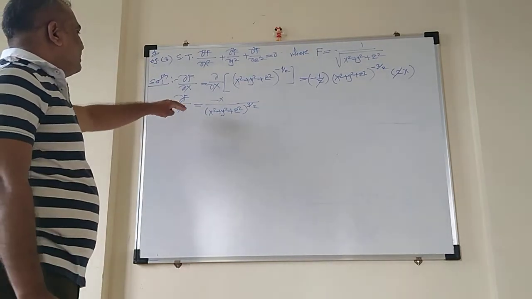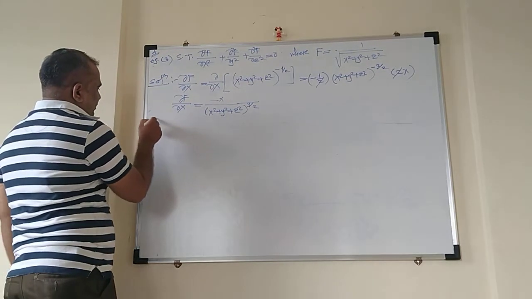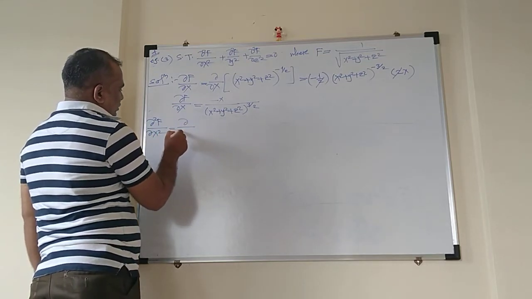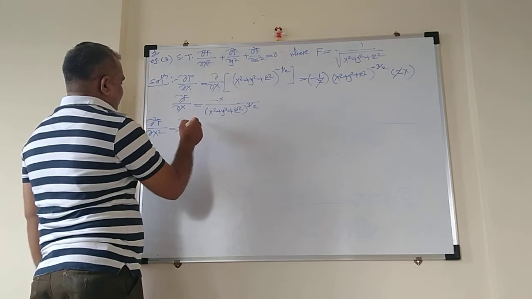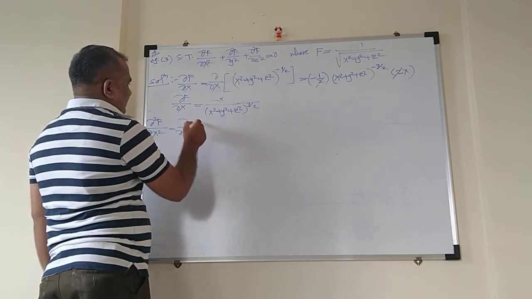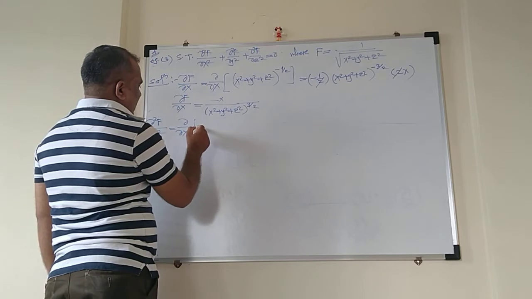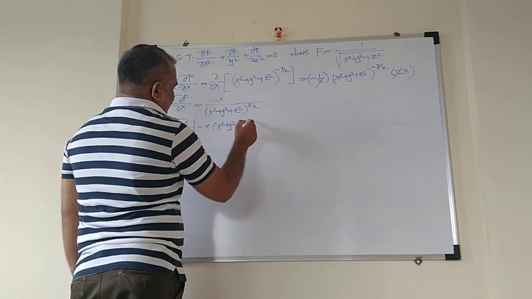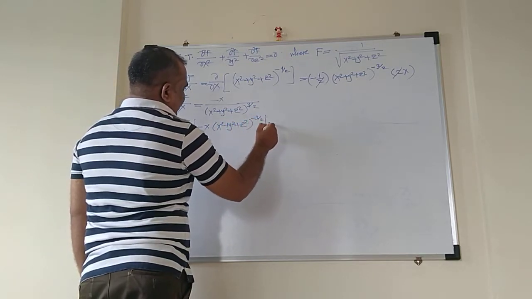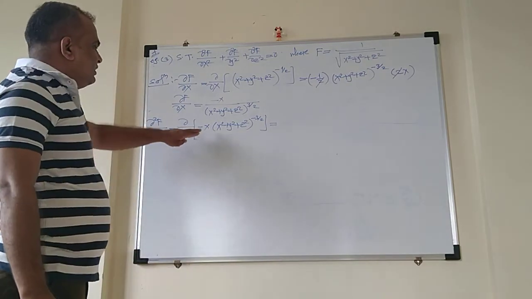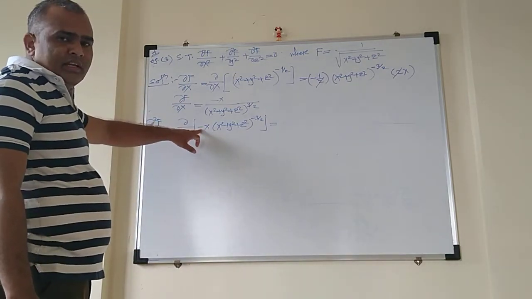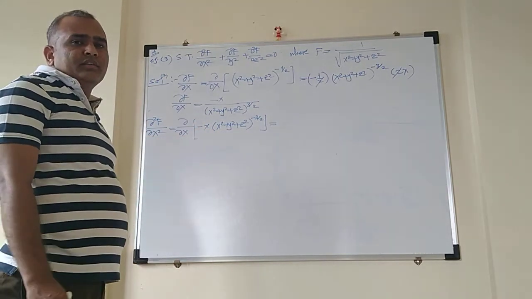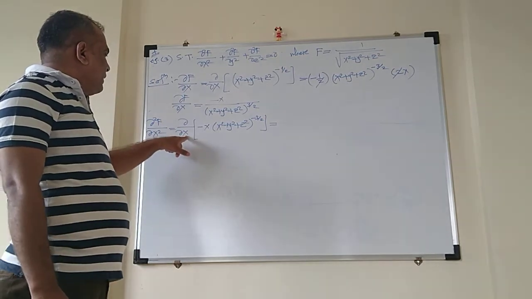Now differentiate this function again with respect to x. So this will be dou 2f by dou x square, which is dou by dou x of minus x into x square plus y square plus z square raised to power minus 3 by 2. Let us take the minus sign outside and consider x as the first function and this as the second function, and use the chain rule to differentiate with respect to x.